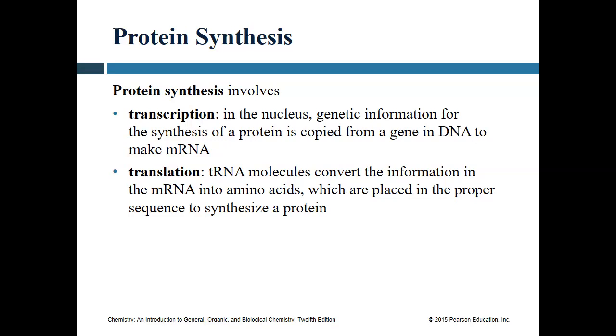So we take a portion of DNA called a gene, and we copy it over. But unlike the process we talked about at the end of last Tuesday, where we were replicating the DNA strand exactly to create two new strands of DNA, here we are just pulling off a portion of it, and we're going to get the messenger RNA as a result.